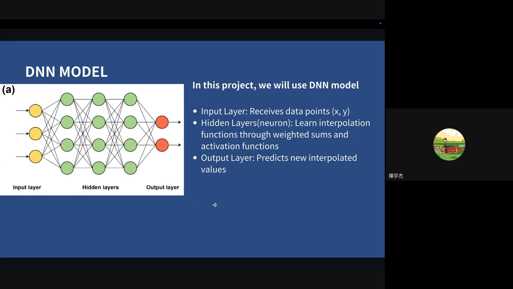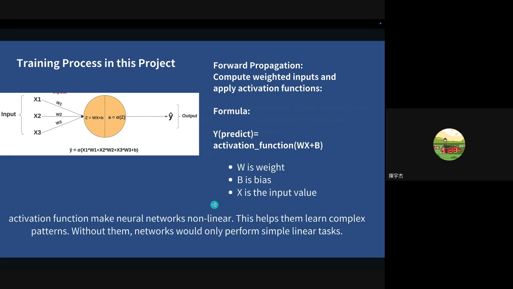The input layer receives the data, the hidden layer learns the interpolation function through the weighted sum and the activation function, and the output predicts the new interpolated value. Each point of the hidden layer we call a neuron.